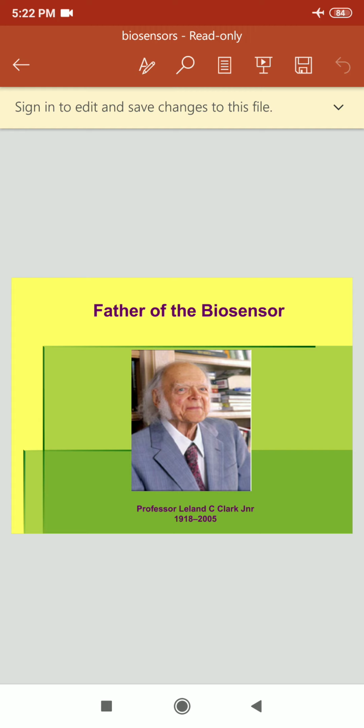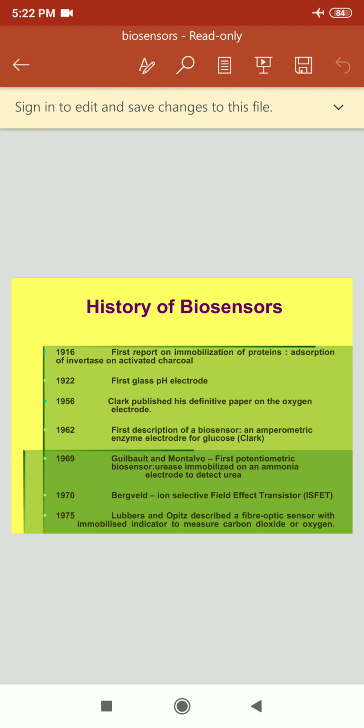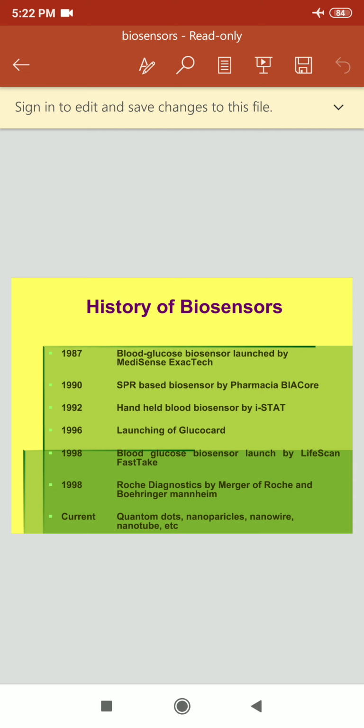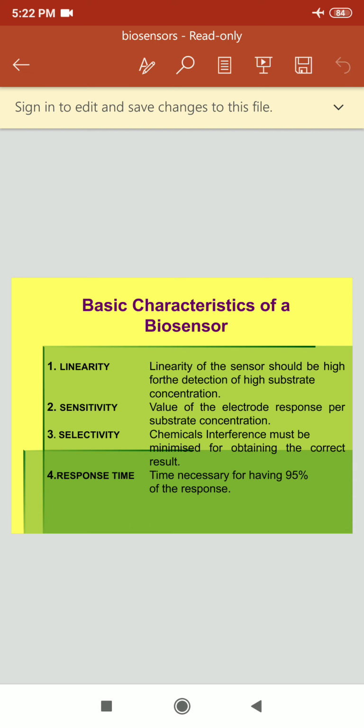The father of biosensor is Professor Leland C. Clark, in the 1980s to 2005. The history of biosensor is not that important, but now the basic characteristics of a biosensor are linearity, sensitivity, selectivity, and response time.